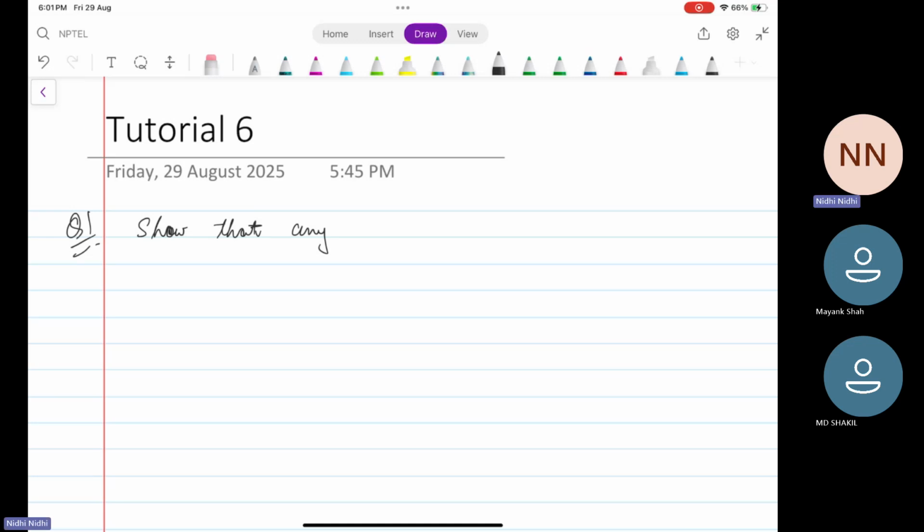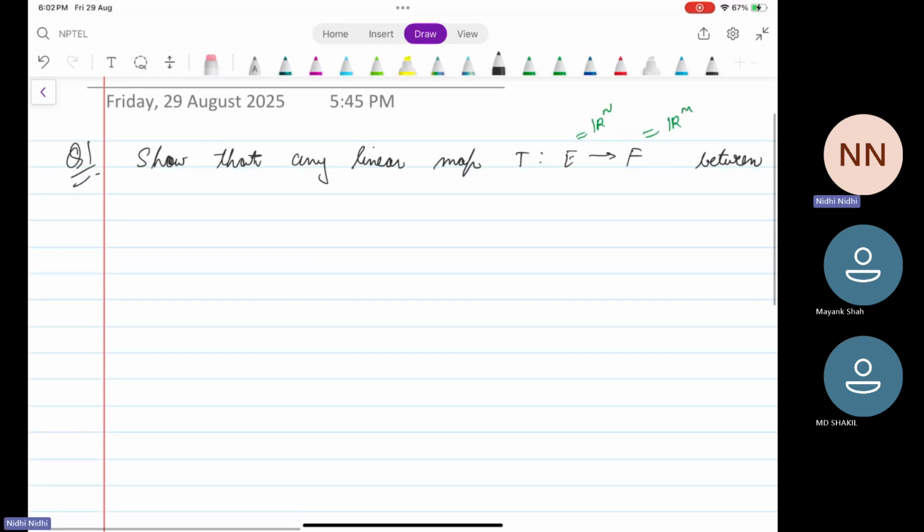Show that any linear map T defined from E to F, where this E is actually an Rn and this is Rm, between two Euclidean spaces, is continuous.